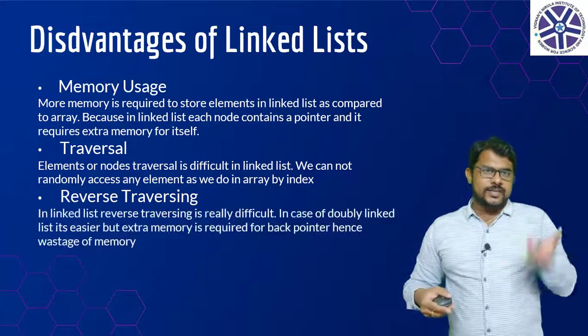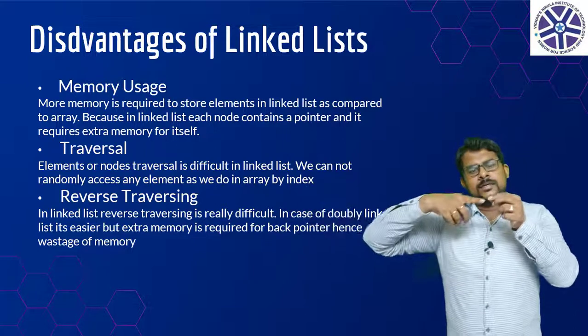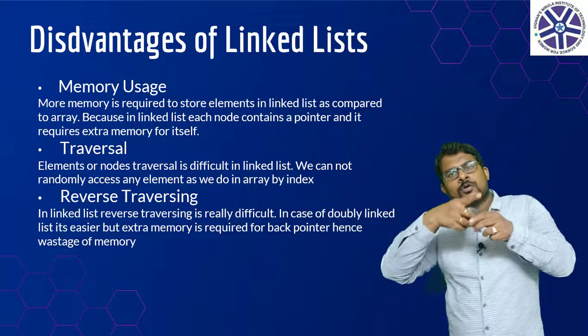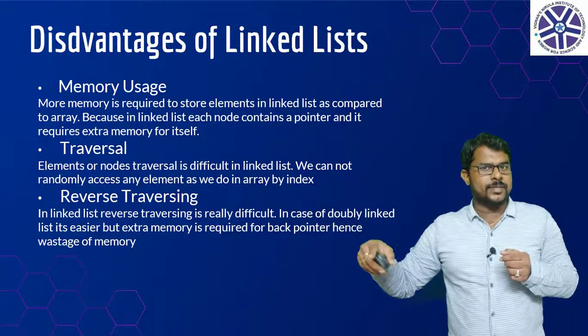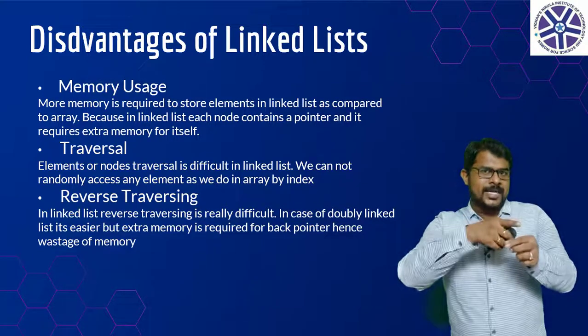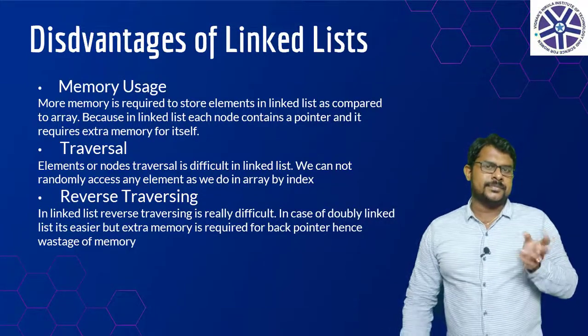The next one is reverse traversal. If you go one way like this and want to go back, unless it is a doubly linked list, it is not that simple. You have to come back to the starting node and start traversing again. You cannot go back.